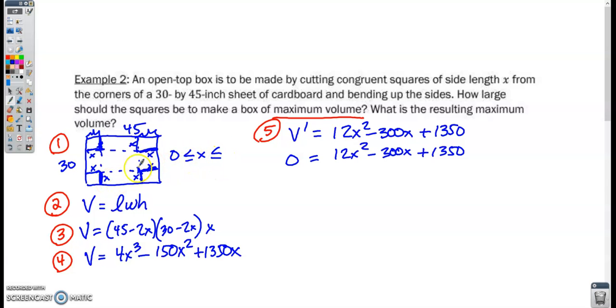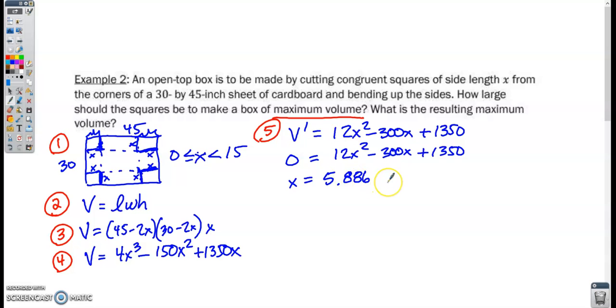And also, x has to be strictly less than 15, because if it's 15 or larger, we're cutting out the entire chunk of cardboard and we've got nothing to bend up. So x has to be between those values. So we solve this function. Punch it up in your calculator, use a quadratic formula, however you want to do it. It doesn't factor nicely or anything like this.